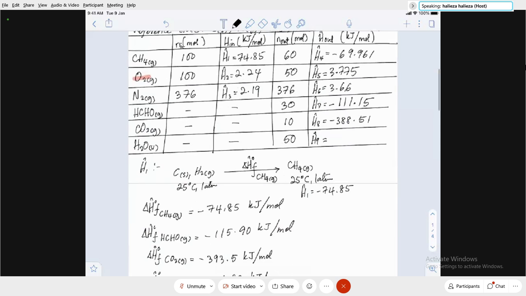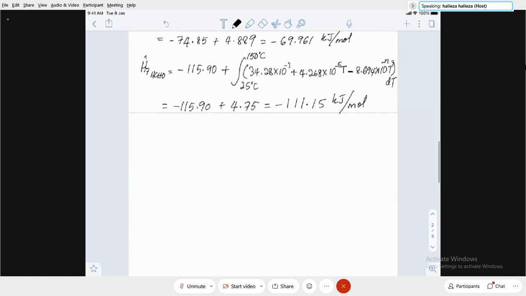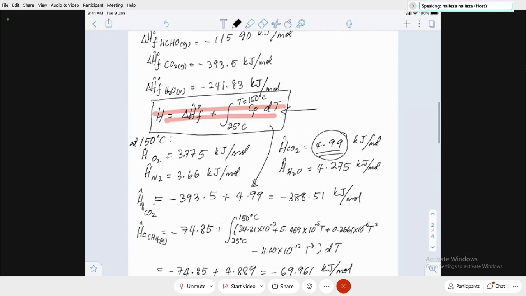Lastly, we have the last enthalpy, H9. That's for water vapor. Again, we'll be using this equation, the one that I highlighted over here. We're not going to construct our hypothetical path because we know it's based on this equation.